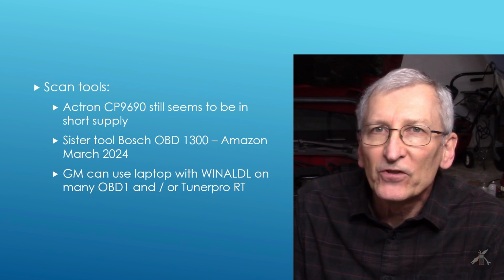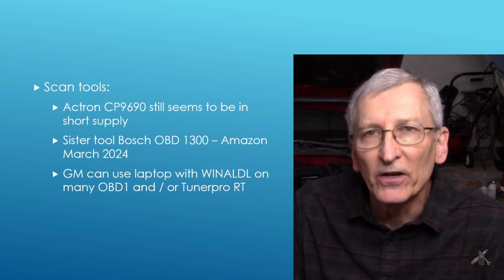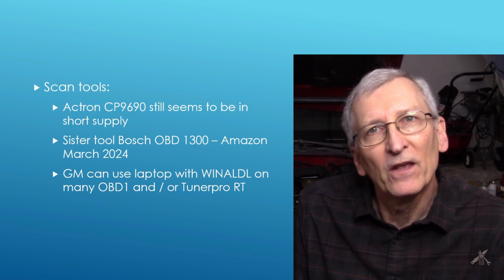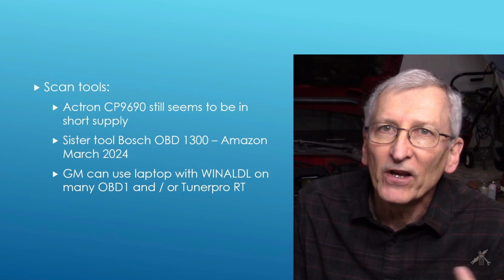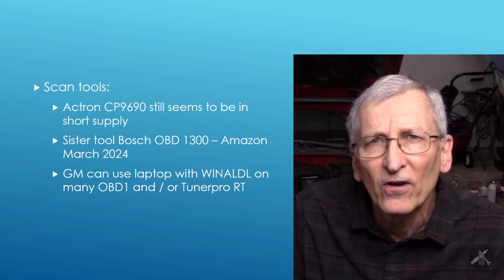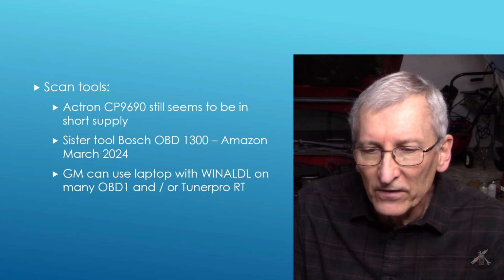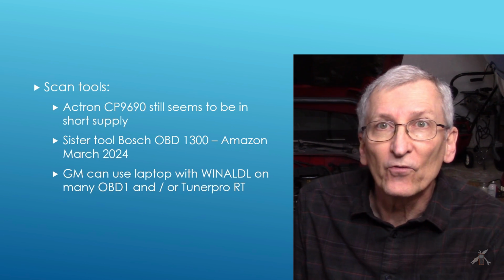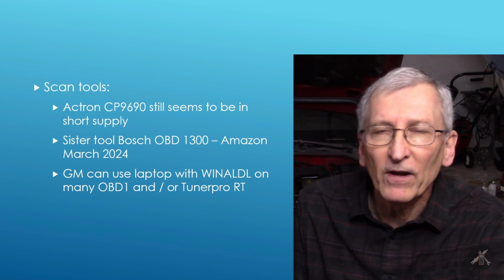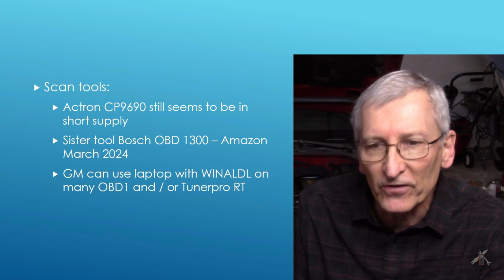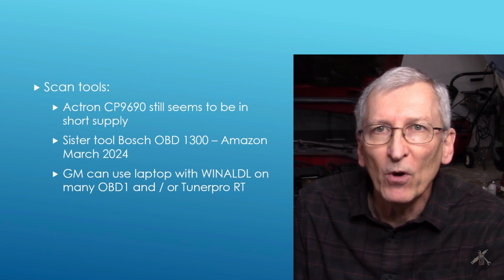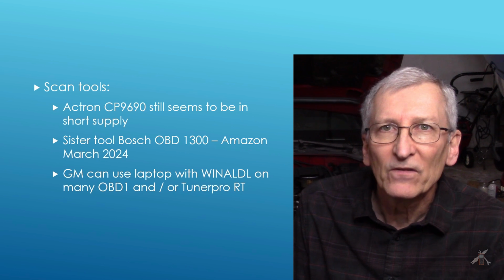The sister tool, which is actually identical except for the label on it, is the Bosch OBD 1300, and I saw you could go out on Amazon and buy it, and it was even on sale today for 30% off or so, and that one works just as well. And so I know there's some other tools out there, but I know this one, it works pretty good on these cars. And I've had some feedback from others on the channel saying they bought one and they're happy with it.